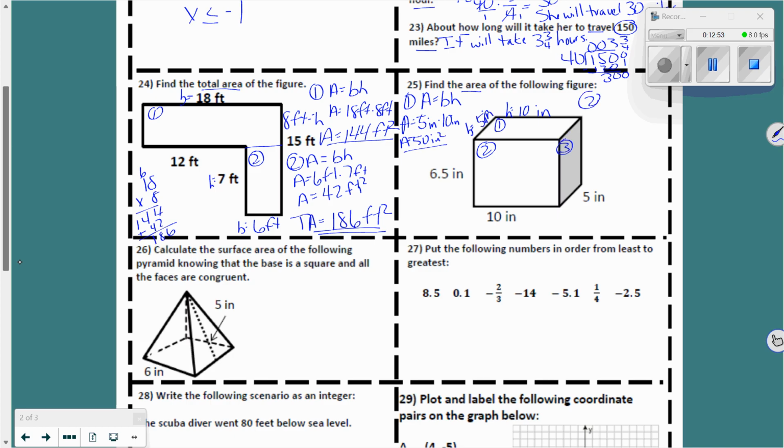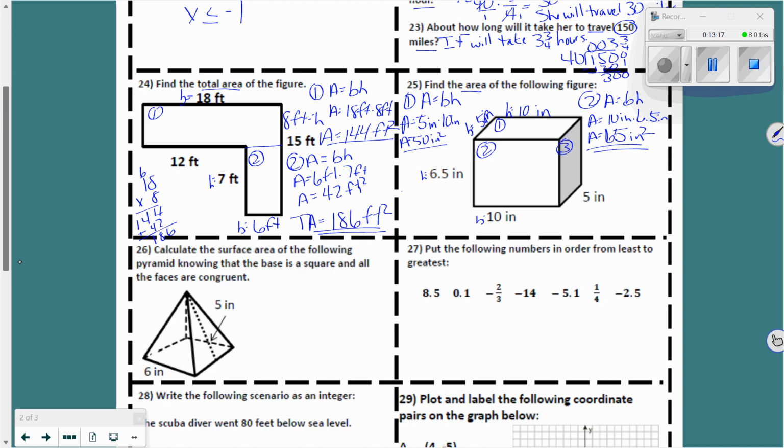Number 2, I've got a height of 6.5, base of 10. So my area equals base times the height. I take a base of 10 inches times 6 5/10 inches. And that's going to give me 65 square inches. Times 10 just means I move my decimal place once.